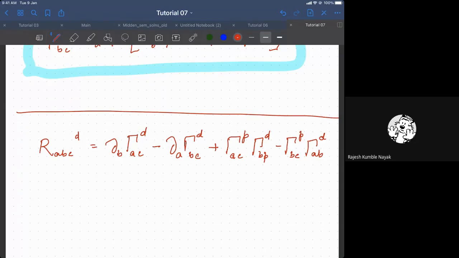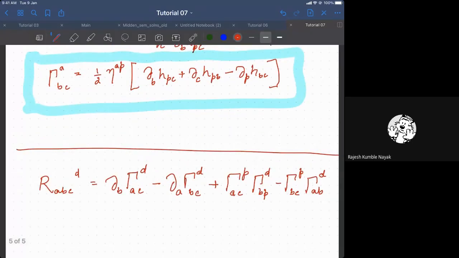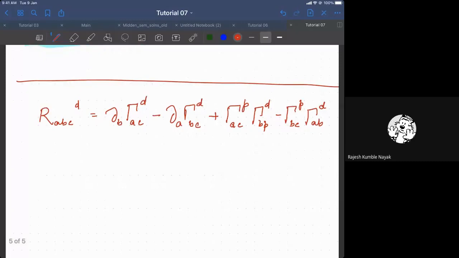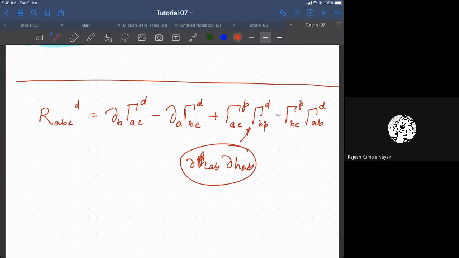But when we do linearized gravity, we see that our gamma is actually first order in h_AB. So when we take the Riemann tensor, this would have a derivative of h_AB into derivative of h_AB. Okay, so this kind of term would appear for this and this.